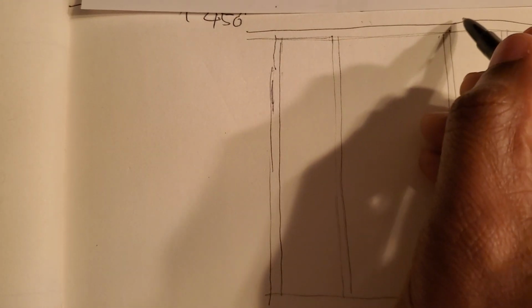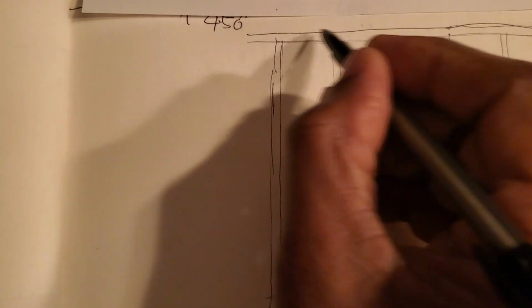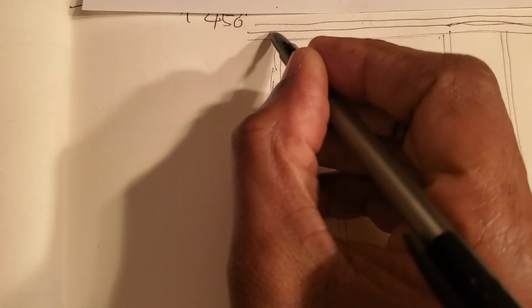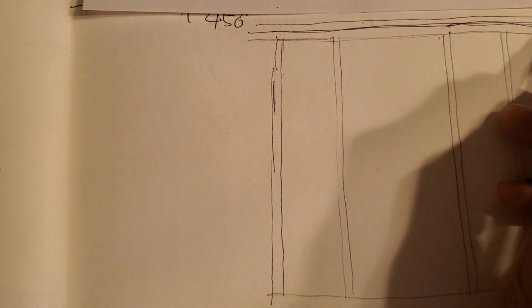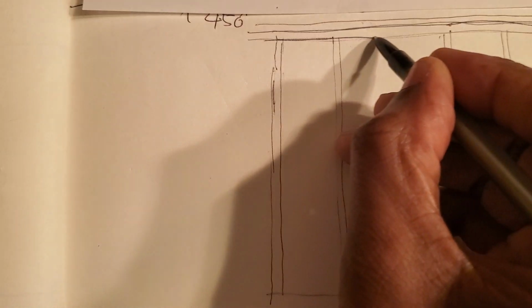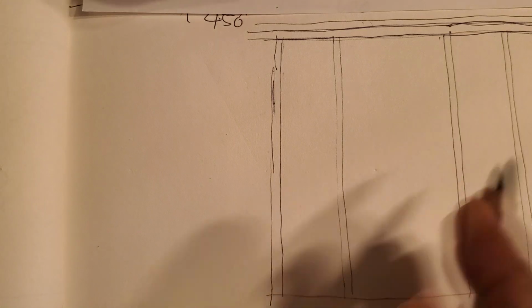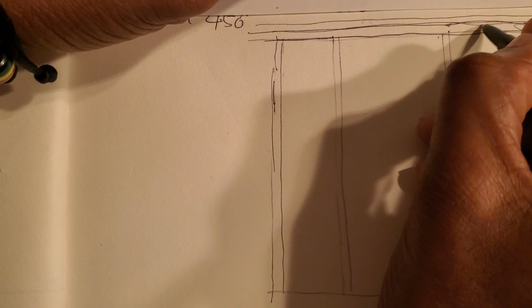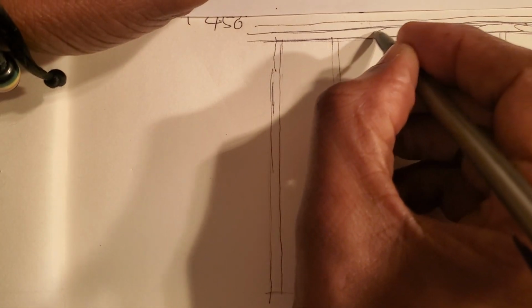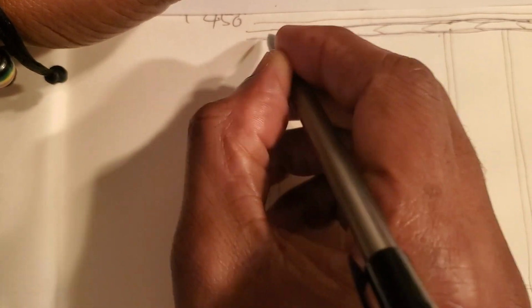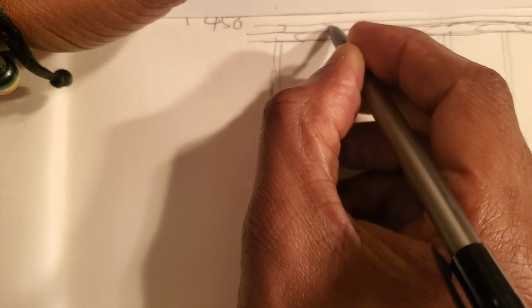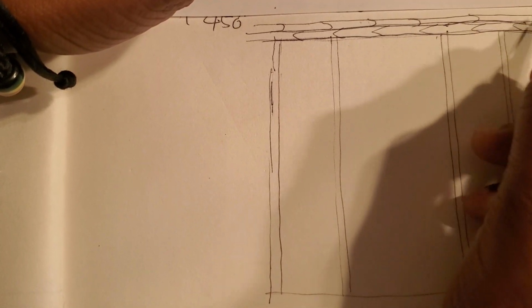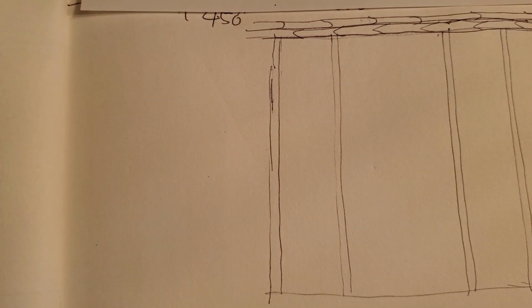Alright, so I'm going to draw another one over this. Right, so we have two pieces here. We have one that runs in this direction. So I'm using the symbol for timber to distinguish these. So we have two pieces there.